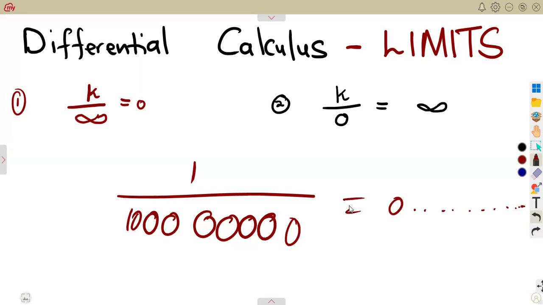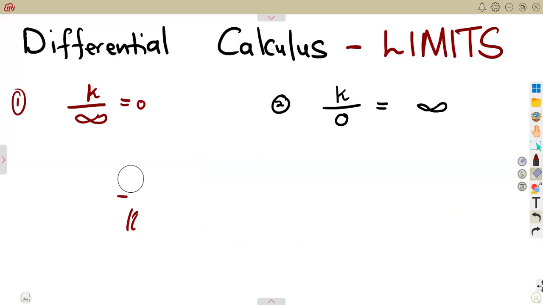We'll be having something like 0.0000 and so on. So this value is simply approximating to 0. So the infinity there is undefined. We're talking about undefined, very big values that you are going to consider in your simplification.